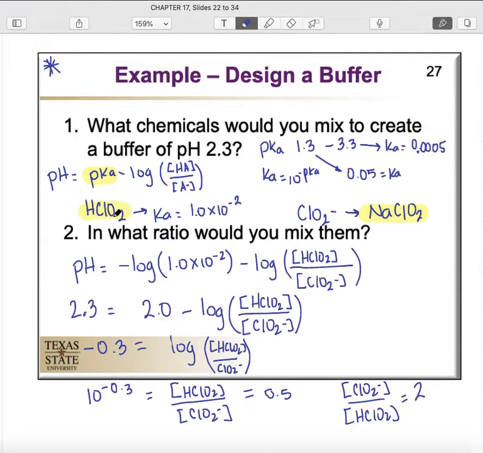Once you select that acid, you then select the conjugate base of that acid in the form of a salt, and then you use the Henderson-Hasselbalch equation to solve for the ratio of the concentrations that you are interested in by plugging in the pH that is desired and the pKa for the particular buffer system.